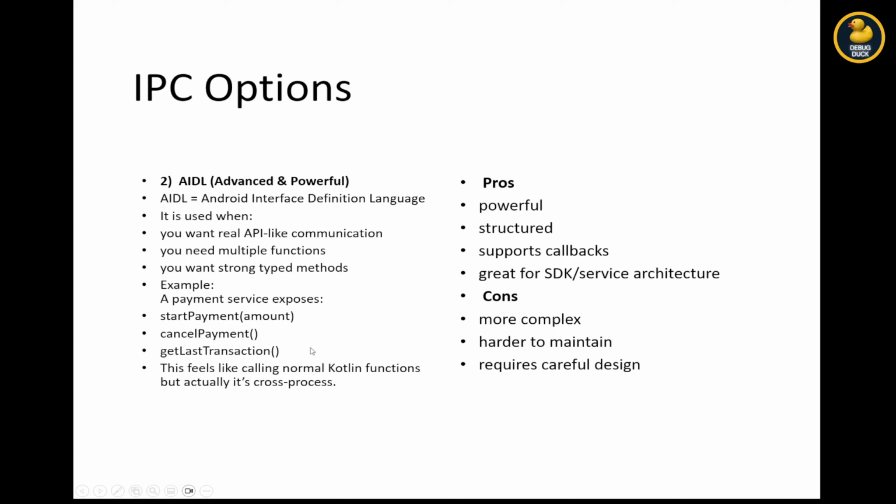This feels like calling normal Kotlin functions, but actually it's cross-process. The pros: powerful, structured, supports callbacks, and great for SDK service architecture. But cons: more complex, harder to maintain, requires careful design.